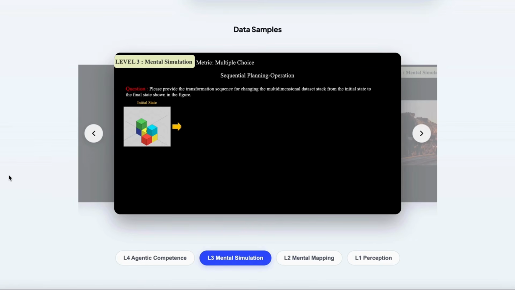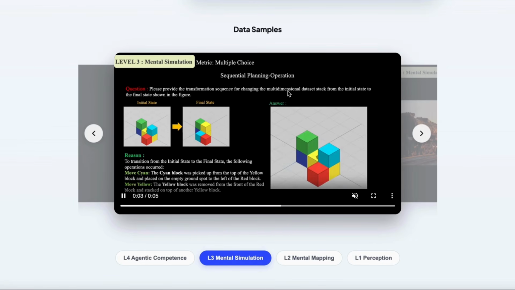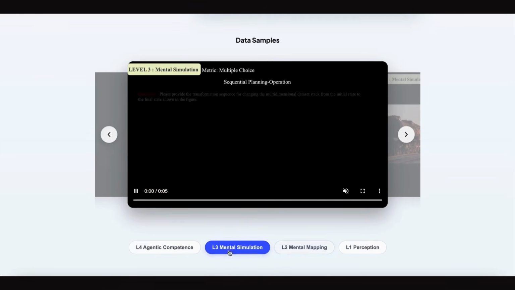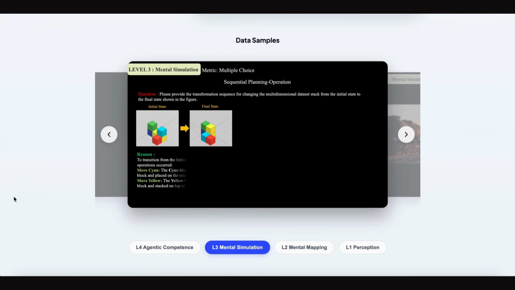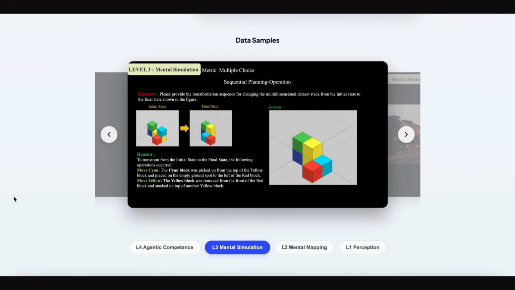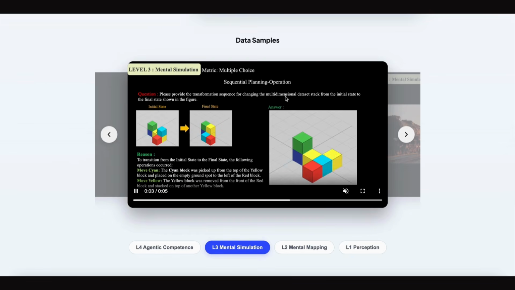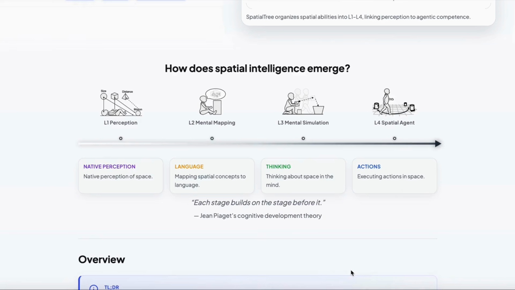The model can now solve relational and geometric problems, not by pattern matching alone, but by simulating outcomes internally. It can also perform sequential planning for actions, for navigation, for multi-step spatial decisions. This is where space becomes something the model can mentally manipulate, not just observe or describe.